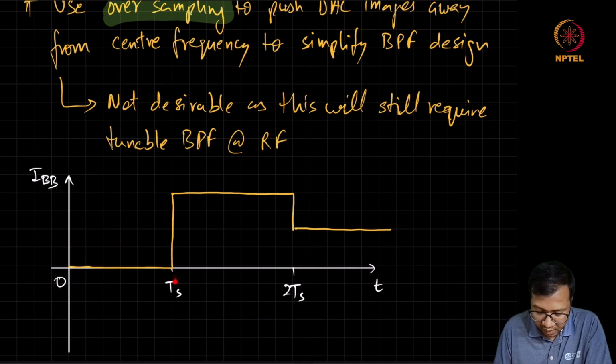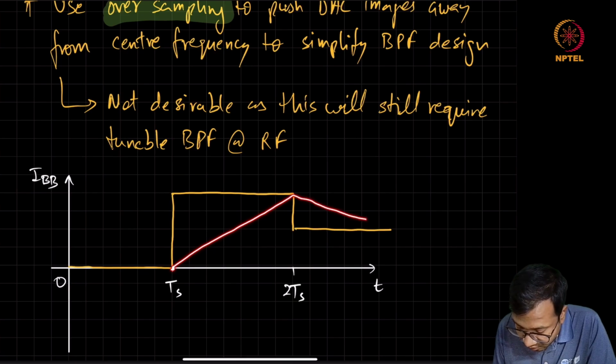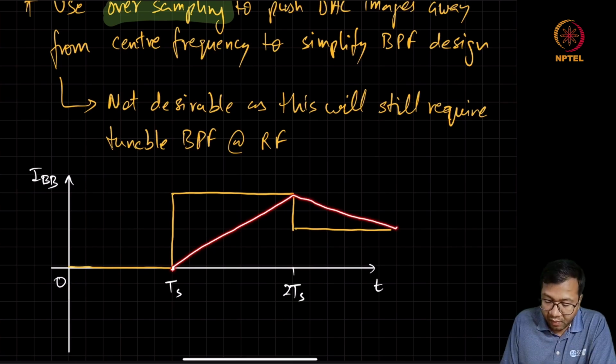We know that instead of doing a zero order hold, if we do a first order hold or linear interpolation, then we will get a waveform like this, where the signal value in between the sampling period has been linearly interpolated.